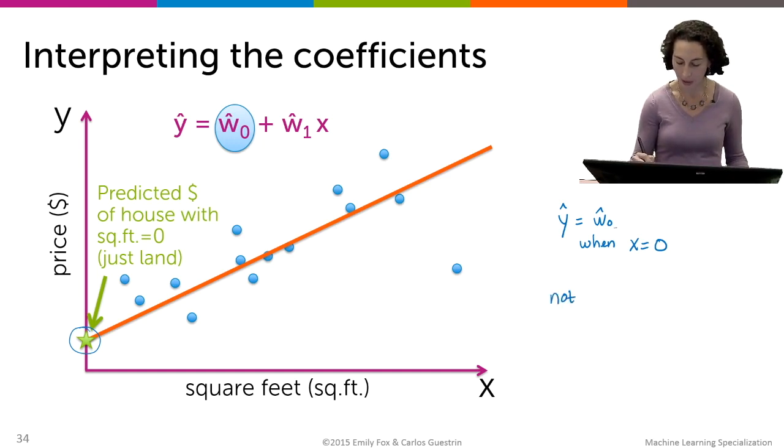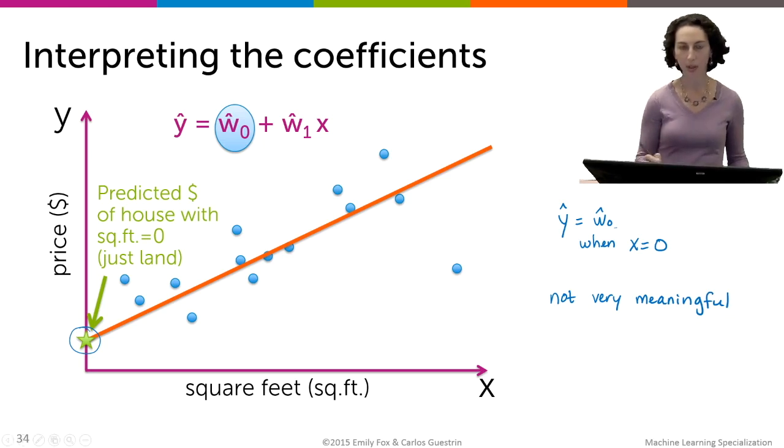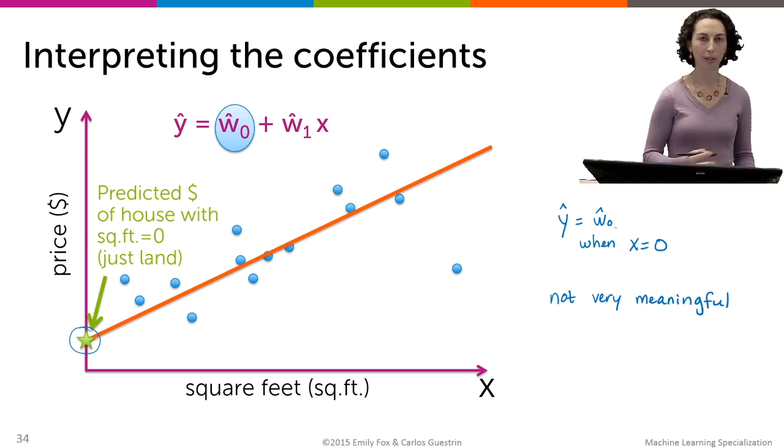But I'll say that in general, this is not normally that meaningful. In many scenarios, you don't really think of having no input and having the output have some meaningful value. And actually, in our case, if you go back and look at the number, our intercept was minus 44,850.